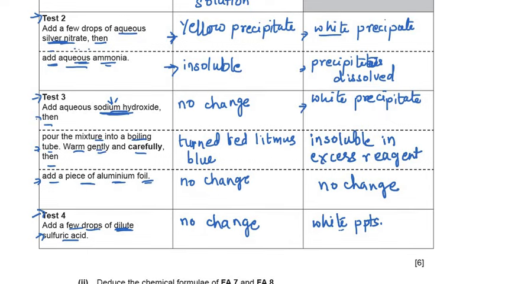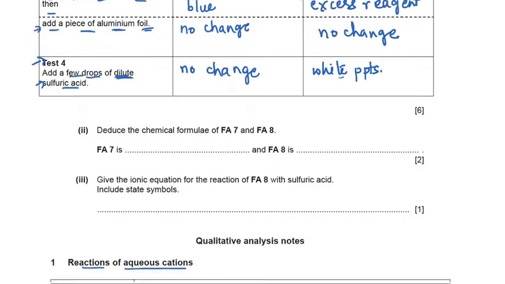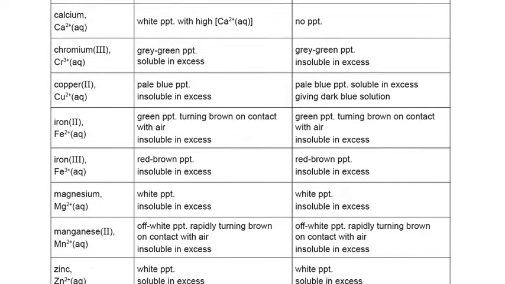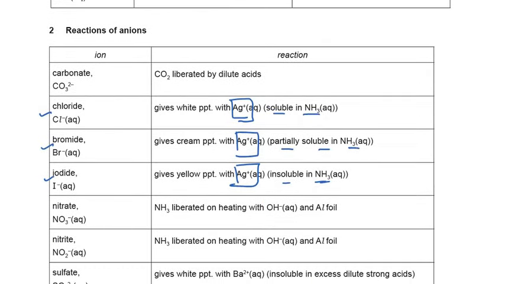Now from here we need to make the conclusion. Let's check some of the reagents. Yellow precipitate with silver nitrate was observed with FA7, and white precipitate with silver nitrate with FA8. Now let's go ahead with the anion test. With silver nitrate, there were 3 anions possible: chloride gives a white precipitate which is soluble in ammonia, and iodide gives a yellow precipitate which is insoluble.